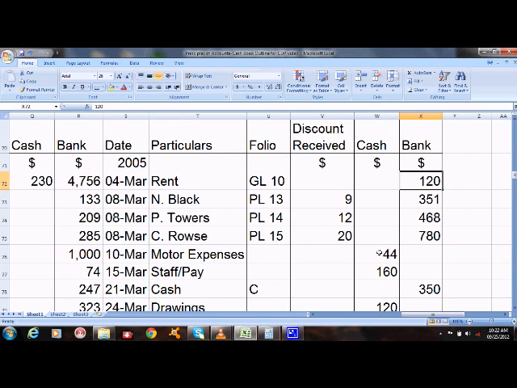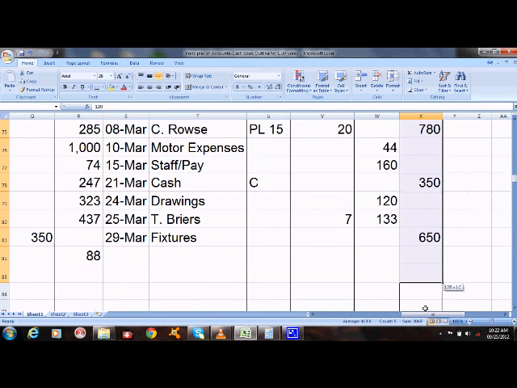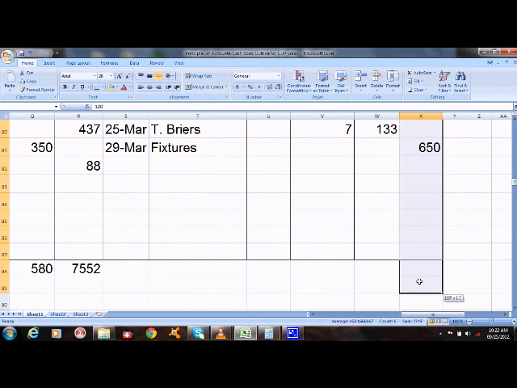So now, we look at the bank column. We're going to add up the bank column on the credit side of the cash book. Now we're going to add 120, 351, 468, 780, 350, and 650. The question is, what is the figure for that now?